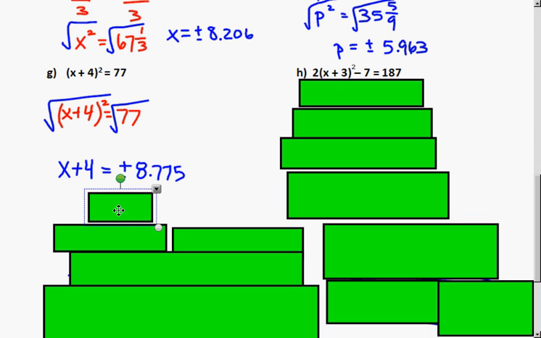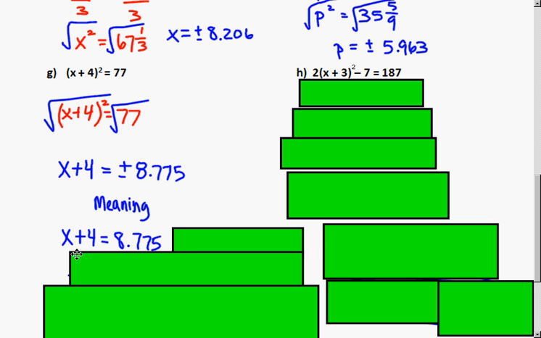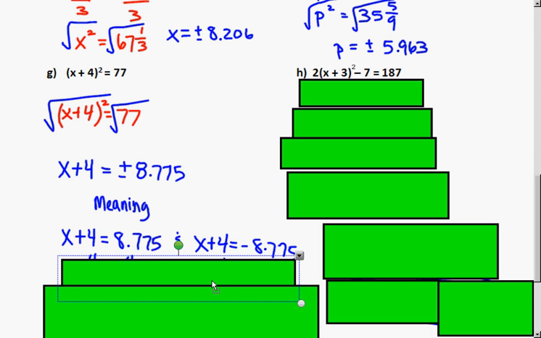We need to get x by itself. Therefore, we need to subtract both sides by 4. Now, when you subtract both sides by 4, here's what the meaning is. You have x plus 4 equals a positive 8.775, because this is plus or negative, so I'm covering the positive piece. It is also saying x plus 4 equals negative 8.775.